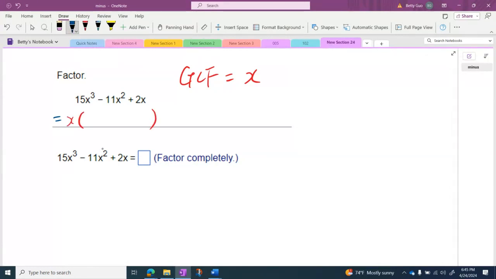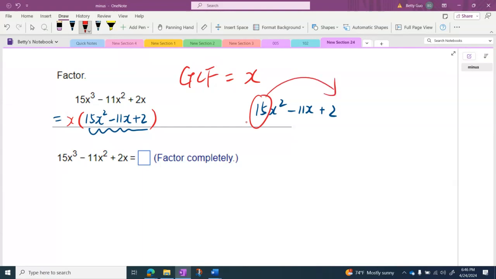Inside the parentheses, we have 15x squared minus 11x plus 2. And inside the parentheses, this is a quadratic trinomial with the leading coefficient different from 1.